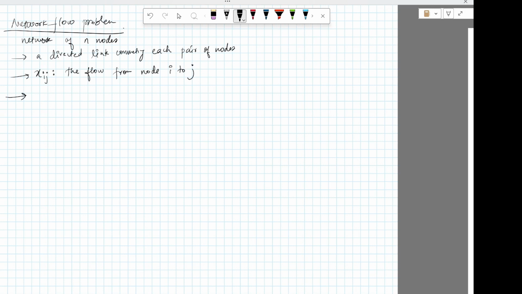So the cost of xij amount of flow is equal to cij xij. Okay, cij are constants.